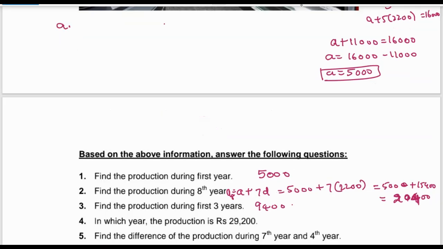So here AN is given as 29,200. We know A is 5,000 and D is 2,200, so we have to find the n value.